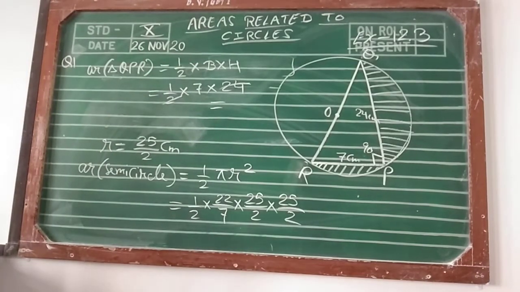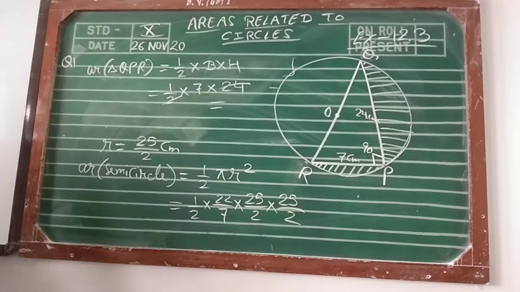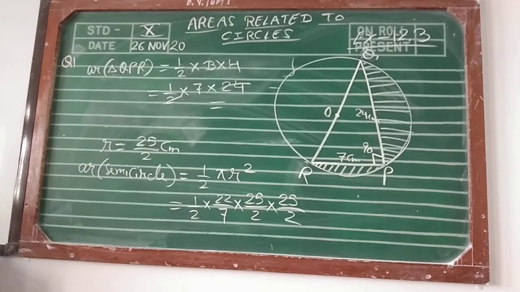And on solving this, we get the area of the semicircle. Most of the time we get this question in the board examination. It is a very important question. Done?